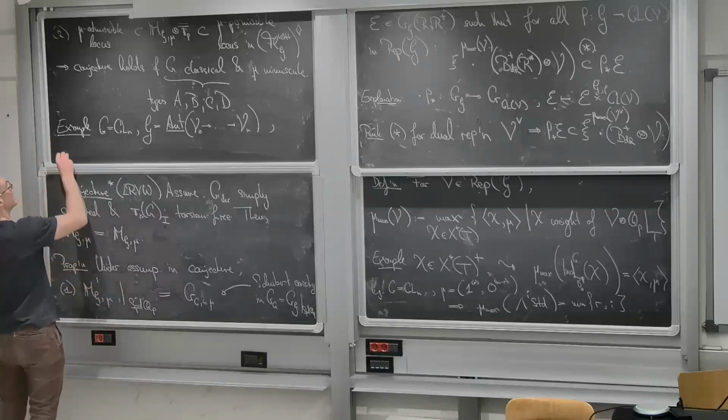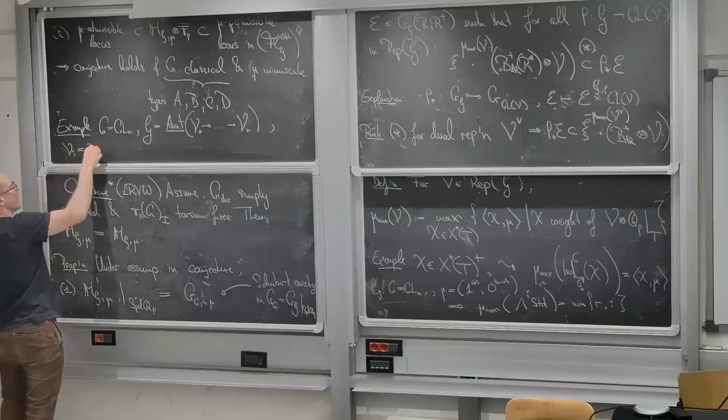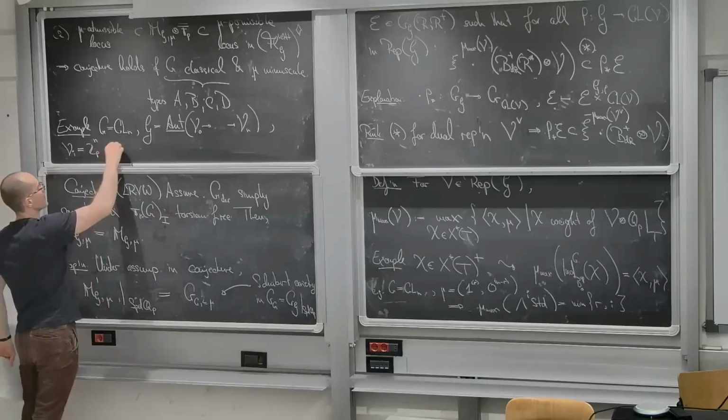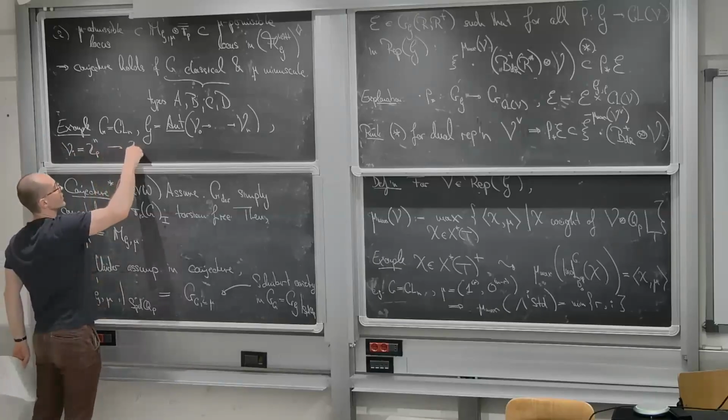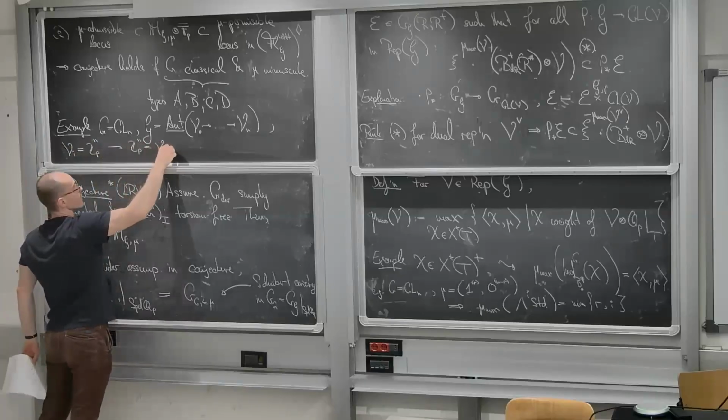And maybe, so here, each V_i is just Z_p to the N, and the transition maps, so Z_p to the N, which is V_i plus 1.